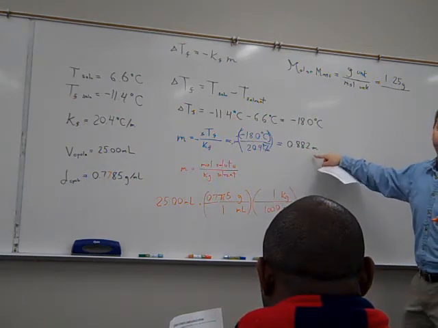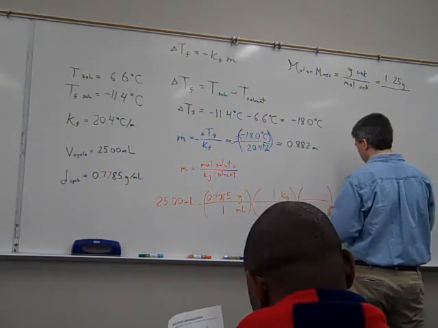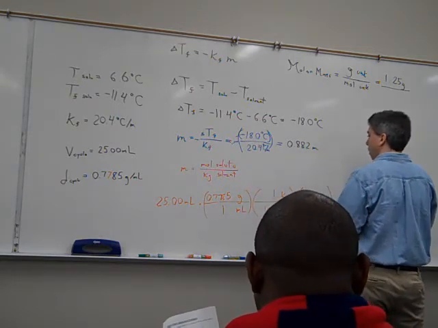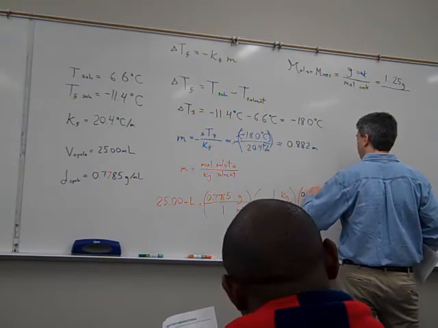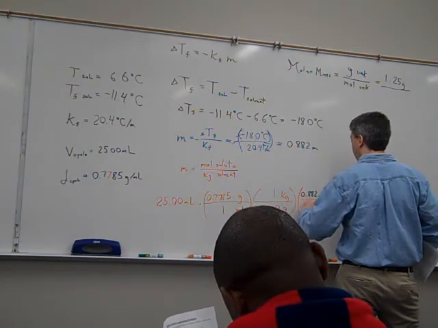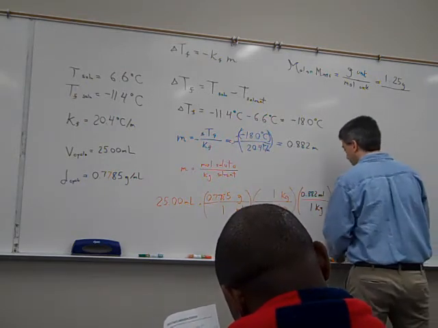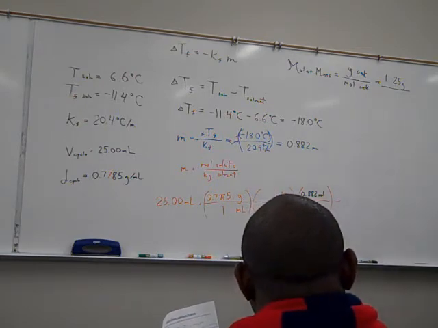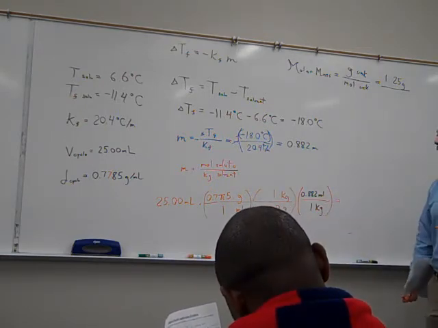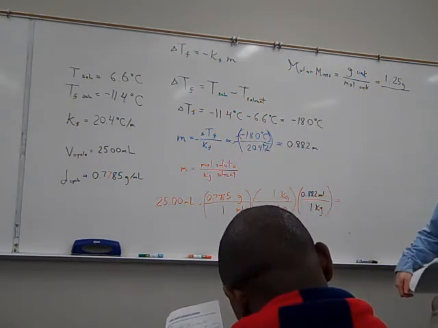So I can write 0.882 moles per 1 kilogram, and then I'll solve for moles directly that way. So 25 times 0.7785 divided by 1,000 times 0.882, what does that give me?